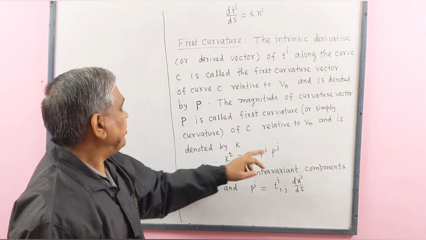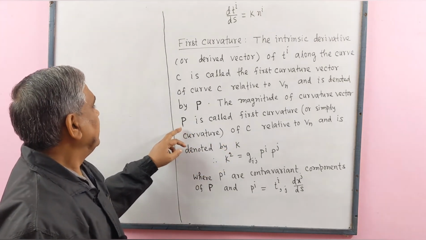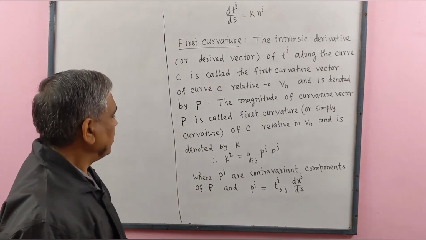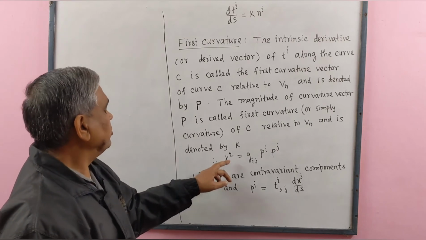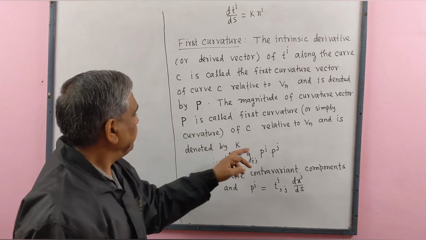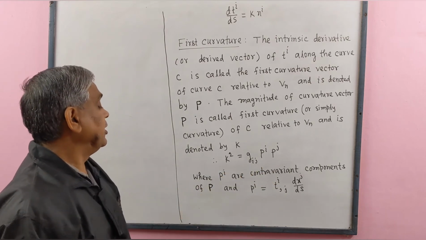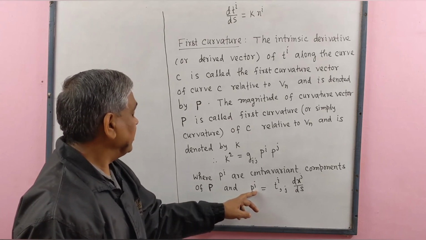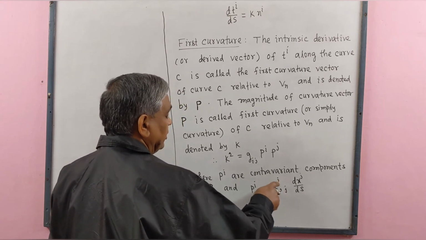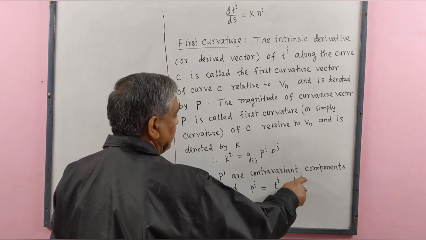Here we have to find the magnitude of the vector P. Let magnitude of the vector P be K. Then by tensor analysis, K square equal to magnitude square equal to metric tensor gij Pi Pj, where Pi are contravariant components of P, and we write Pi as the covariant derivative of Ti with respect to Xj times dxj by ds.